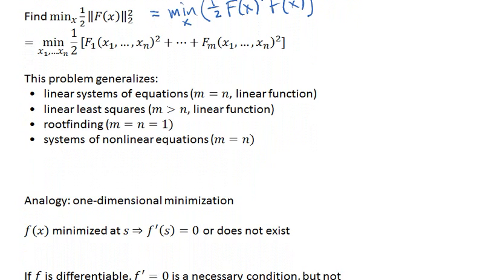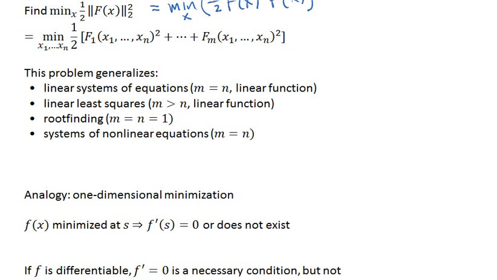All right, so this really encapsulates a lot of the problems we've done so far. If we have m equal to n, the same number of constraints as variables, and everything is linear, then we're back to the linear system of equations, which was the first kind of problem we solved. If m is greater than n and we have linear functions, then it's linear least squares.